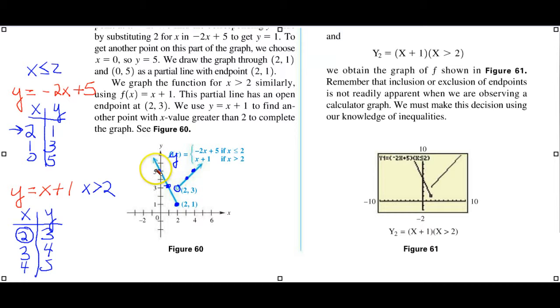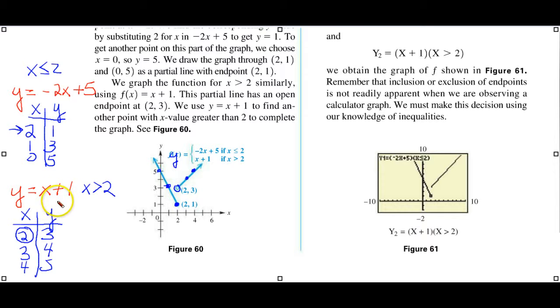So you have set up what is called a piecewise graph using this technique: writing the function, writing the qualifier, and then picking out points that suit this, that gives you this graph.